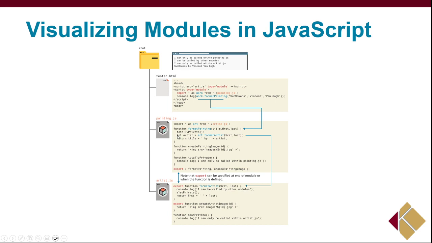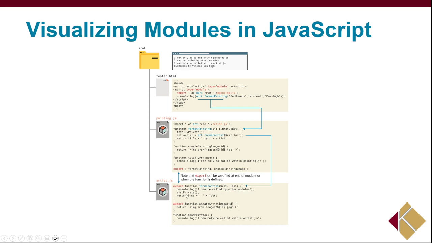And then says let artist equal art.format artist. Well, where's art? Huh. Okay, so we got to go back. We are importing all as art from artist.js. So in that case, it goes down here and grabs this. So we're looking for art.format artist, right? So we do this, we go down there.